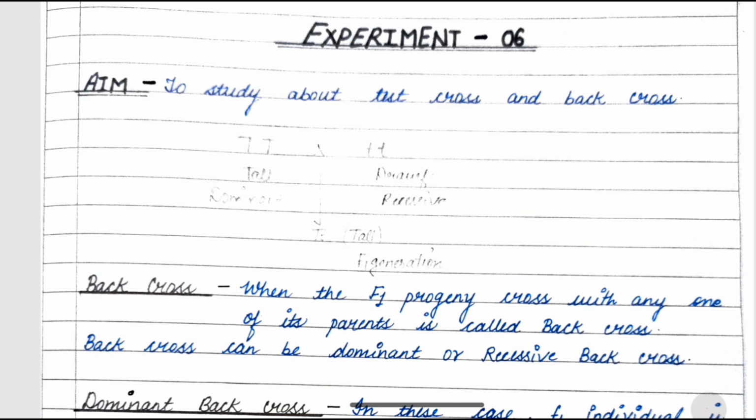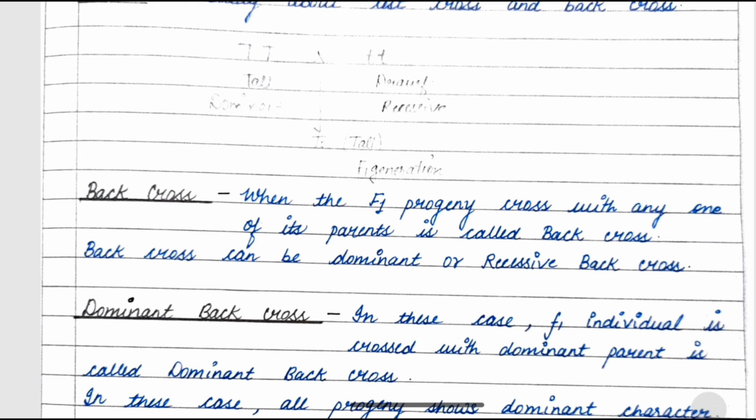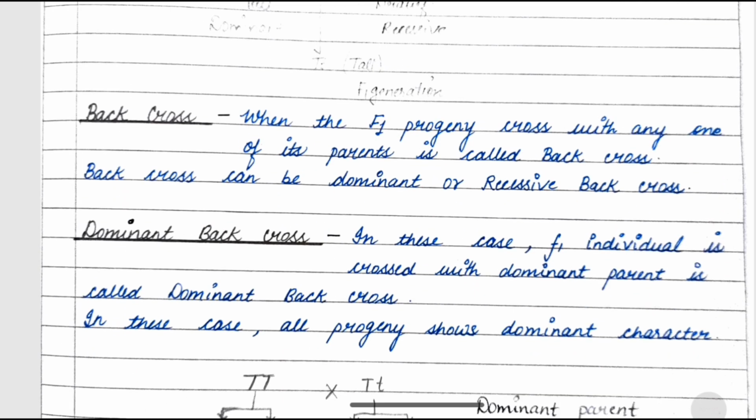To study the test cross and back cross. This is tall, capital T double, and double small t, which is dwarf recessive, and then we get capital T in the F1 generation. Back cross: when the F1 progeny is crossed with either of its parents, it is called a back cross.